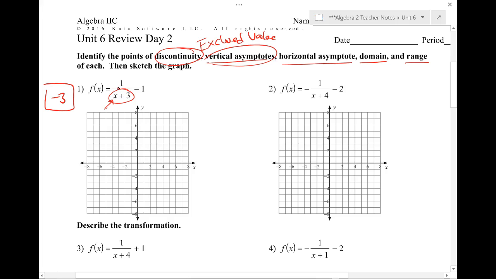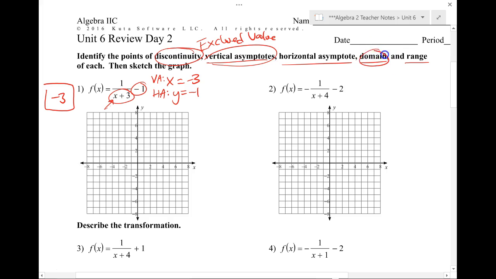Just like the excluded value, our vertical asymptote, VA, is x equals -3. Remember, x is a liar. And then we find our horizontal asymptote, HA, by looking at the number on the outside, and that's a horizontal line, so that's y equals -1.